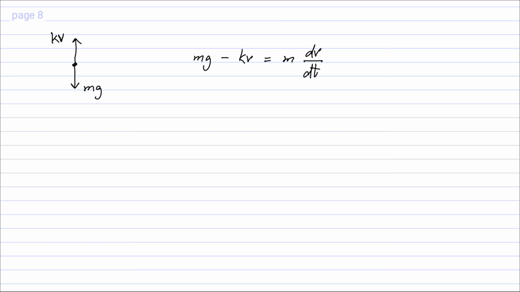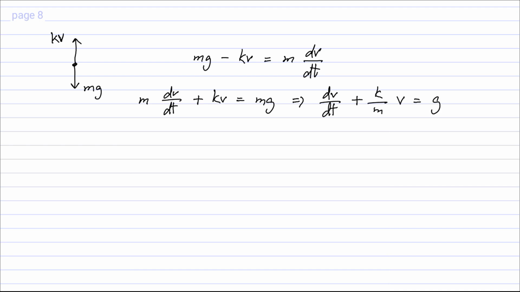The objective here, of course, is to find the function v as a function of time. You can rearrange this to the form mg minus kv equals m dv by dt, which implies dv by dt plus k over m v is equal to g, and this is exactly the form that we had.